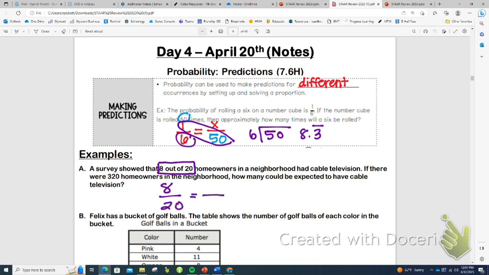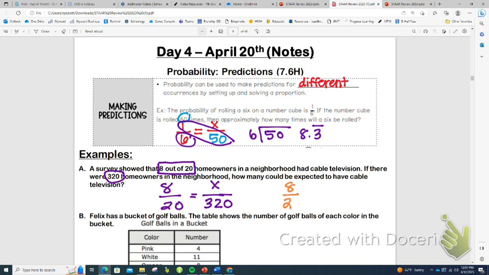We want to know how many out of 320. So that's going to be our new total. So our survey total was 20, but the new total is 320, and we're going to solve for x. You can do this multiple ways. I'm going to go ahead and simplify 8 over 20 to make those numbers smaller.